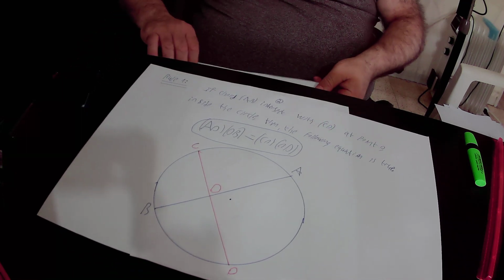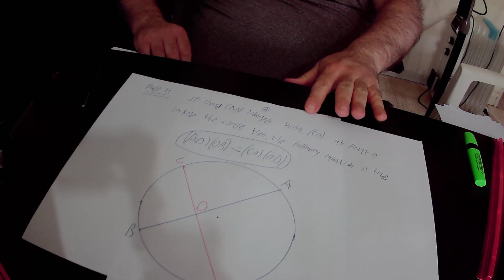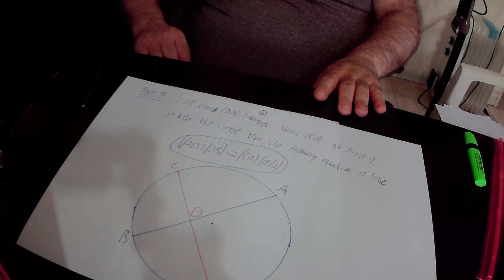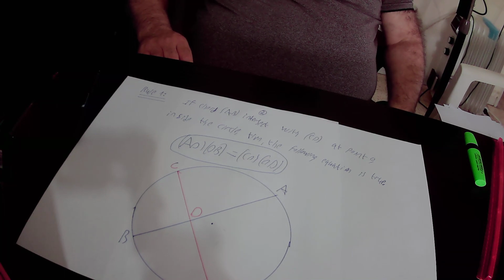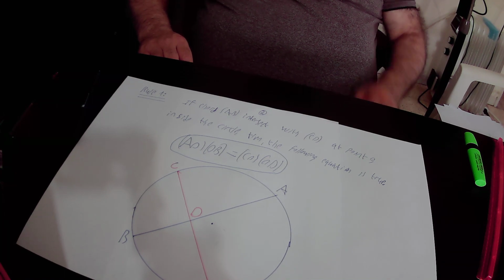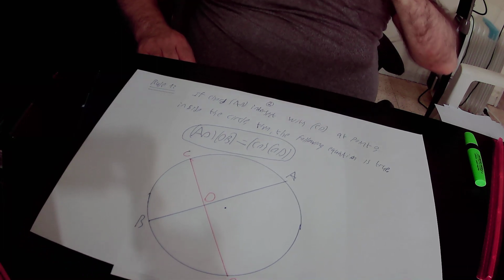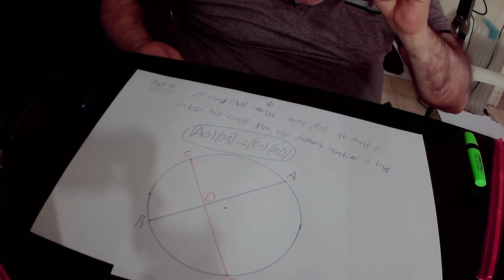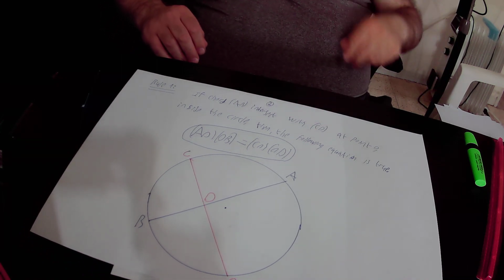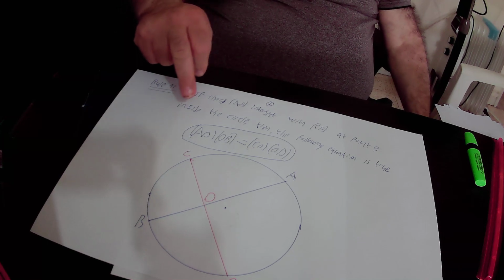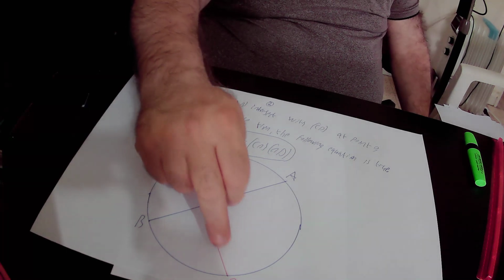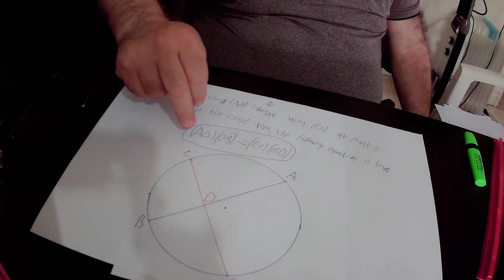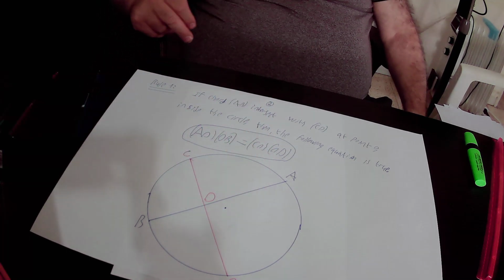According to rule number 1, if chord AB intersects with chord CD at point O, where point O is the intersection point of chord AB with chord CD, then the following equation is true: AO times OB equals CO times OD. Again, AO times OB equals CO times OD. Okay?